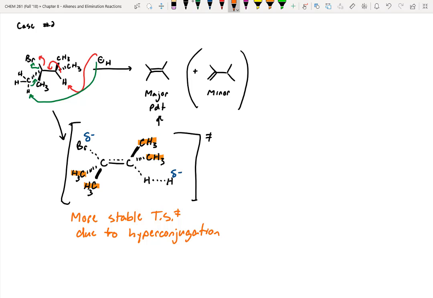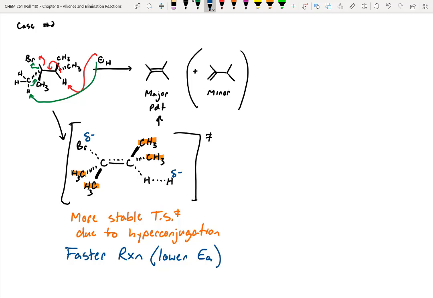All right, so now going back to our original question, if you have a more stable transition state, does that make the rate faster or slower? Faster, exactly. So this would be the faster reaction because it has a lower activation energy, meaning it takes less energy for this reaction to occur.